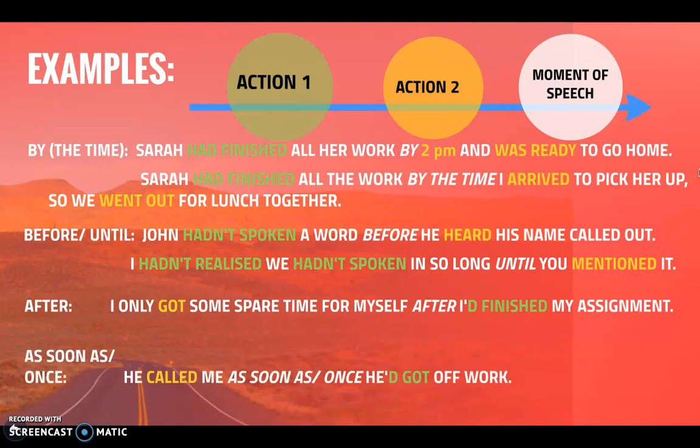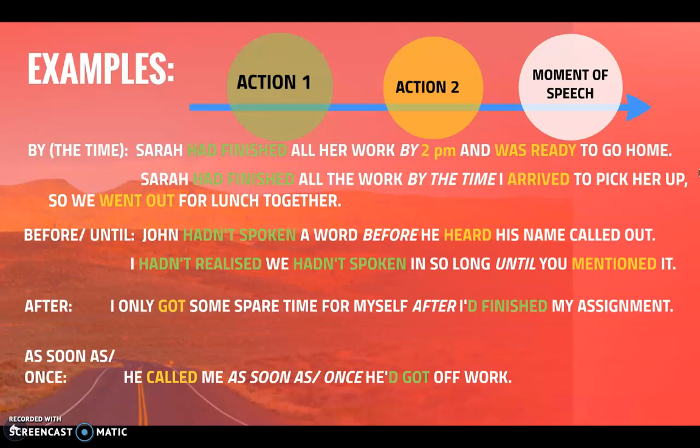Finally, and this is more of a luxury, I would say, most native speakers wouldn't necessarily go for "he called me as soon as he'd got off work" in speech. We probably see "he had got off work" in writing maybe, but to be honest here, you would probably be better off, or sound a bit more natural, by saying "he called me as soon as he got off work."